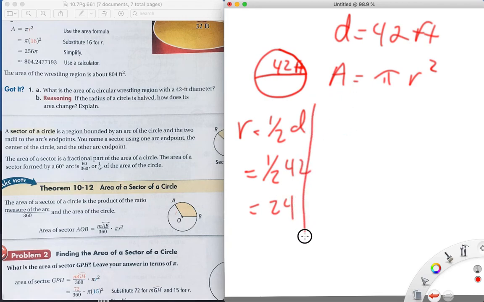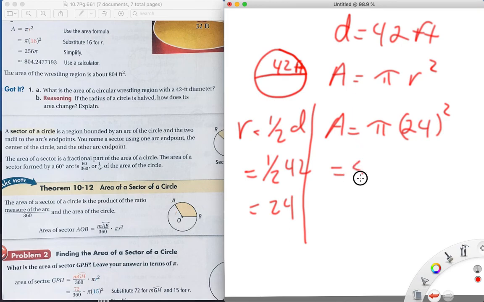So when we plug in to our equation, the thing that we're going to square is the 24, since that's the radius. They want our answer probably in terms of pi, so there's going to be two ways of getting the answer. So 24 squared is 576.